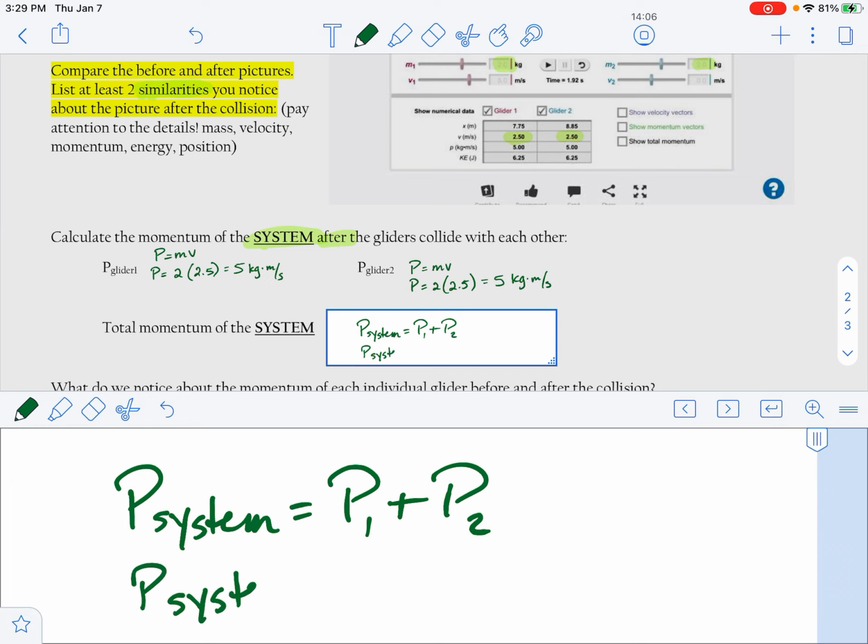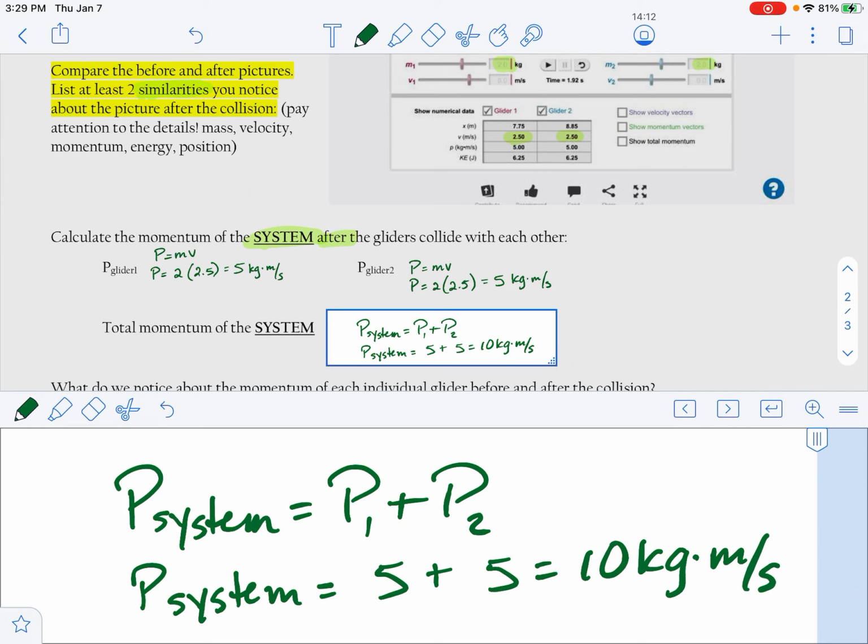So I have 5 plus 5. So my system still has a momentum of 10 kilogram meters per second. Even though each glider is different, the momentum of the system is the same.